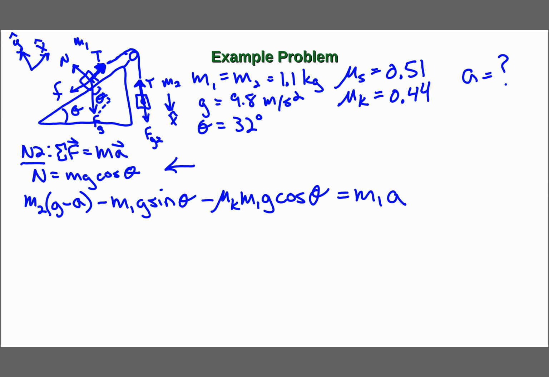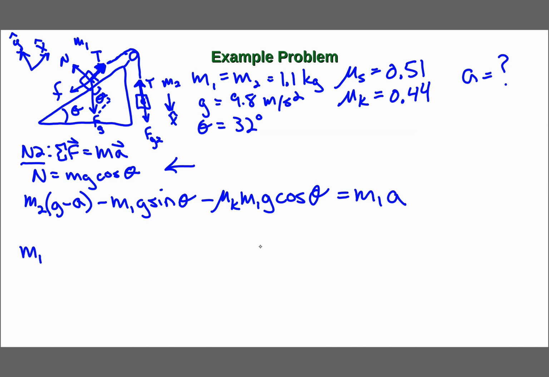So now if we look at this, we see that we have A in here just twice, and we can solve for A, okay? For all the rest of the stuff in here, m2g, m1, theta, mu k, we know all of that stuff. So all we have to do here is solve for A now. So let's get all the A's on the same side of the equation first.